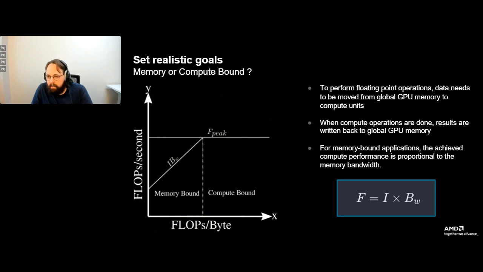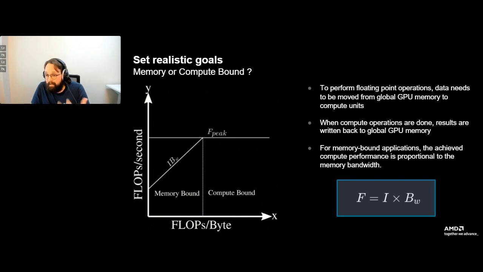and beyond that, at some point, there's only so many flops per second that the GPU can do, right? So there's this transition point where you move from being memory bound to compute bound, and where that happens is a function of your hardware, as well as a function of the type of floating point operations you're doing.